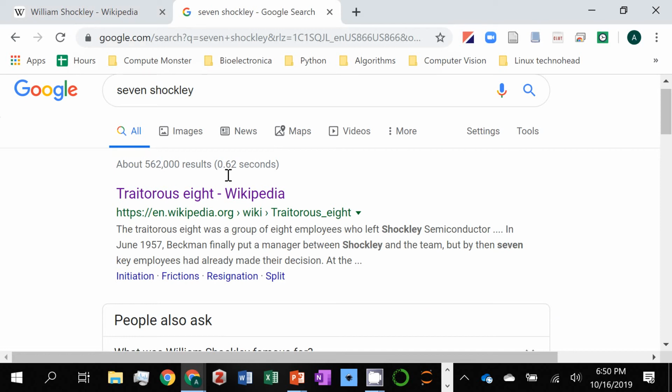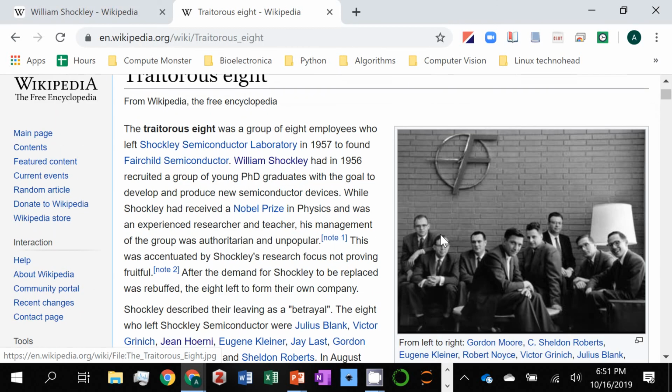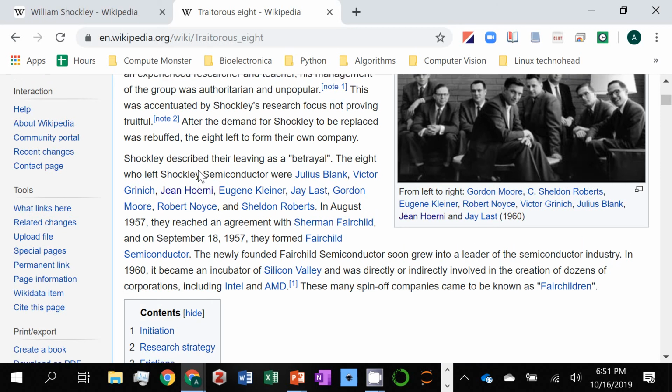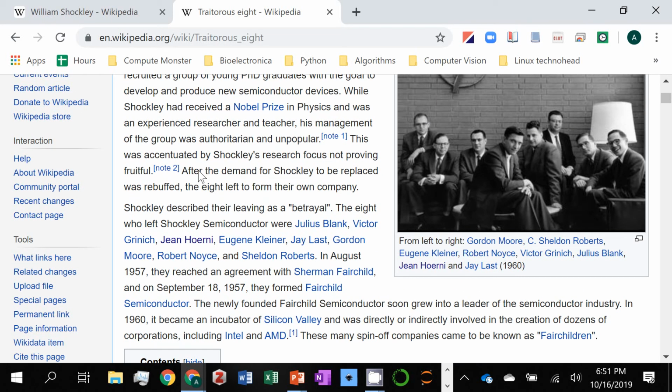They were at Bell Labs, and then Shockley founded Shockley Semiconductor after the invention of the transistor, and then these guys all went out to found Fairchild, and then from Fairchild there's Gordon Moore and another guy. Their names are here: Gordon Moore and Robert Noyce.